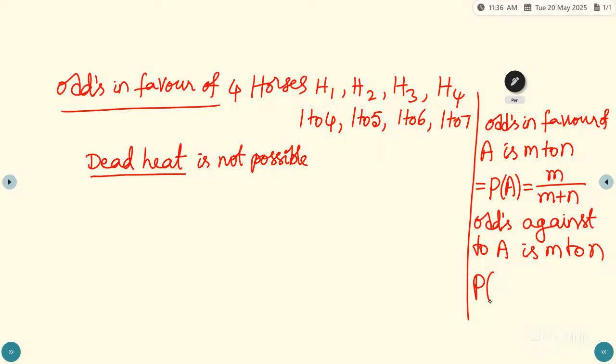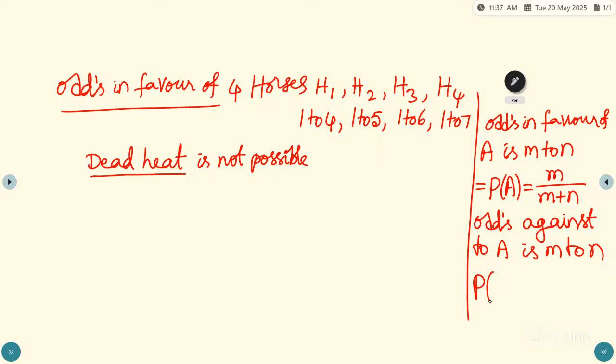Favor means happening of A. Against means what? Not happening. Listen.